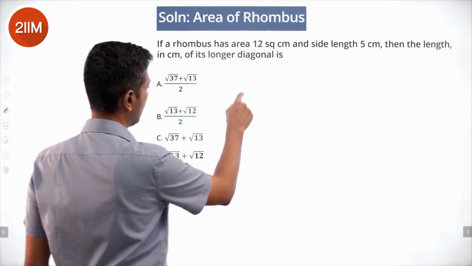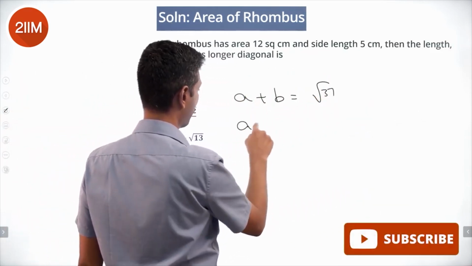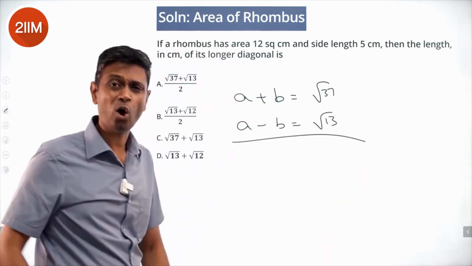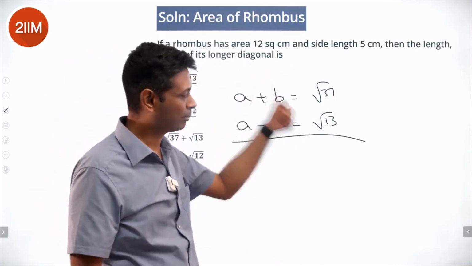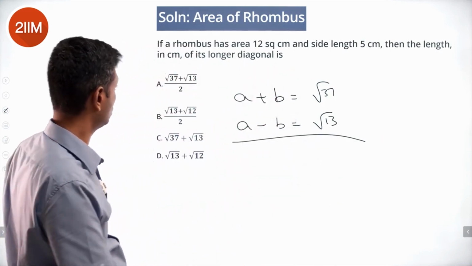So A plus B is root 37, A minus B is root 13. The longer diagonal will be root 37 plus root 13 by 2. Shorter diagonal will be root 37 minus root 13 by 2.